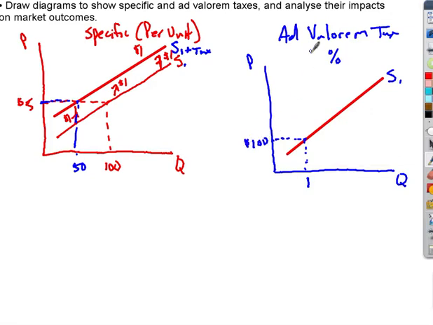All right, and we're going to have a 10% ad valorem tax. And so at a quantity of 1, what's the tax going to be here? It's 10% tax of the price. And so we need to go up here by $10, because that's what a 10% tax is. So this is going to be 110. So we know that this point is going to be part of our supply curve.